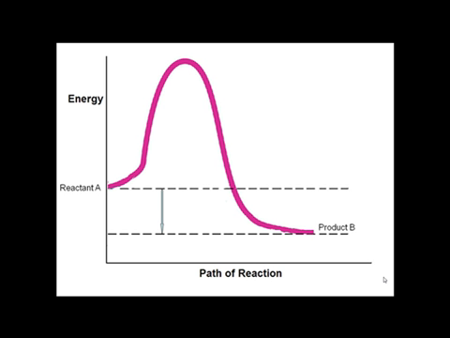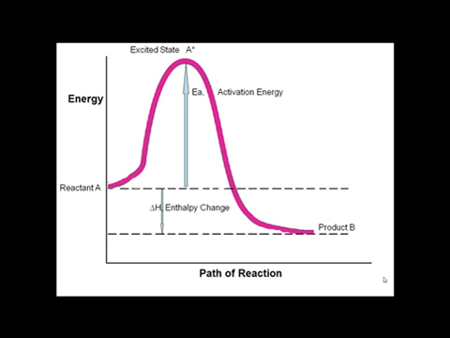On the other hand, the reactant A must absorb a certain amount of energy called EA, or activation energy, and changes to an excited state A star, also called transition state A star. Then this transition state yields the product B.